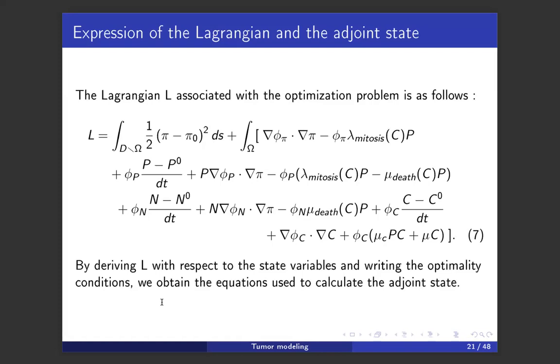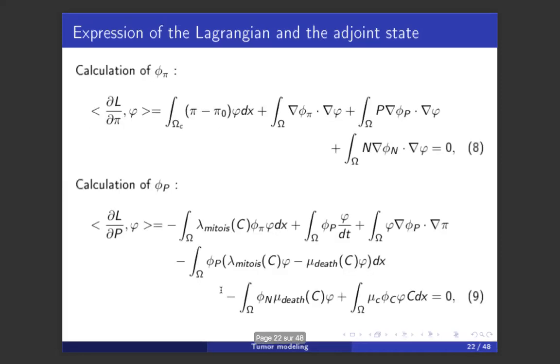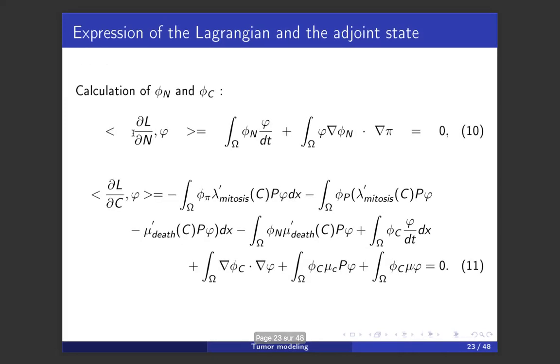By deriving L with respect to the state variables and writing the optimality condition, we obtain the equations used to calculate the adjoint state. We have to derive with respect to the pressure, with respect to the proliferative density, and with respect to all the state variables.